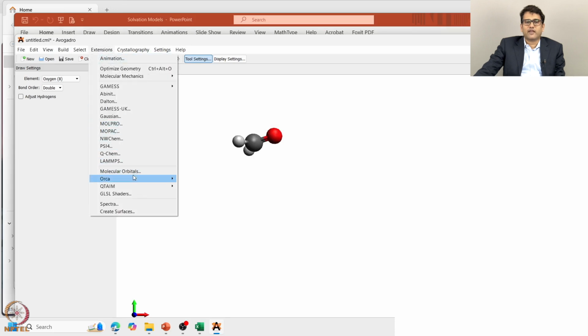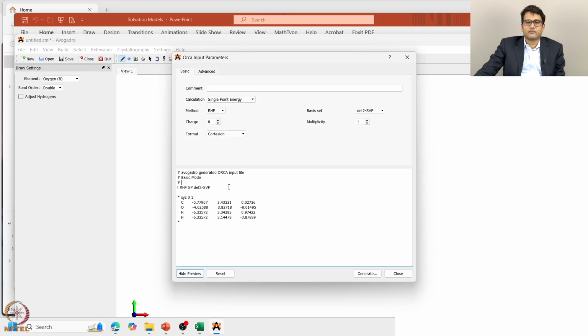First let us optimize for the gas phase. Freq, B3LYP, def2-TZVPP, RIJCOSX.